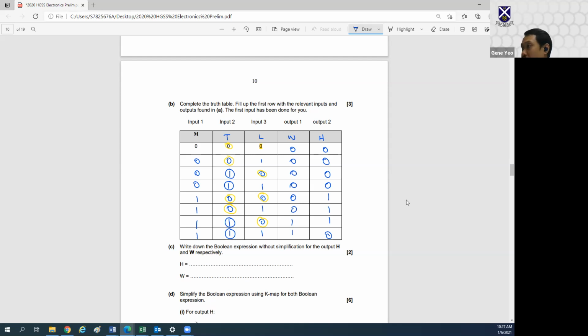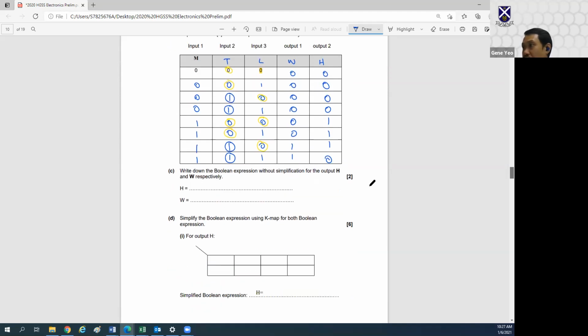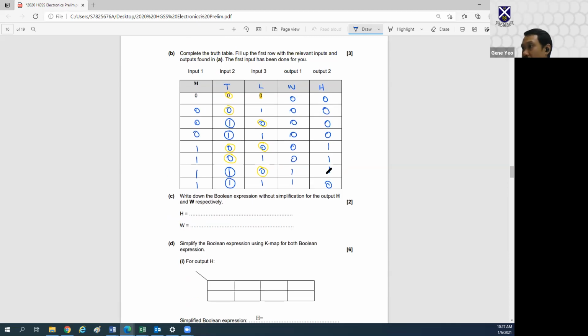Okay, so now they want me to write the Boolean expression for H. For H, I've got 1, 2, 3 that gives me a 1. So how do I get 1? I need to have M and T complement and L complement.